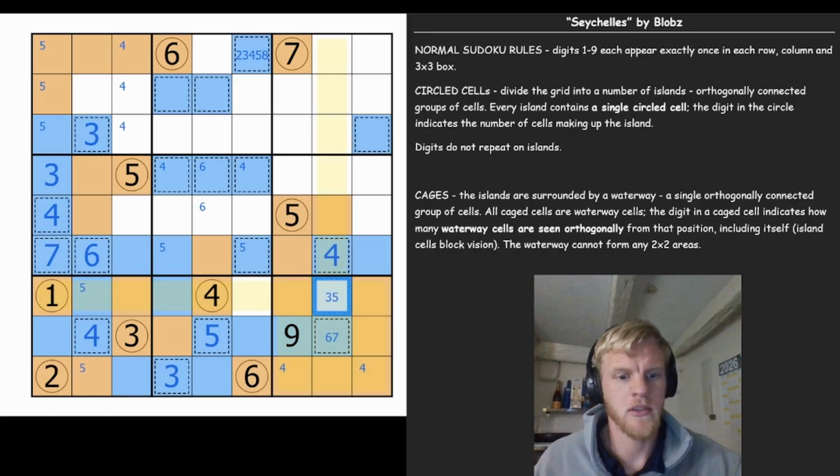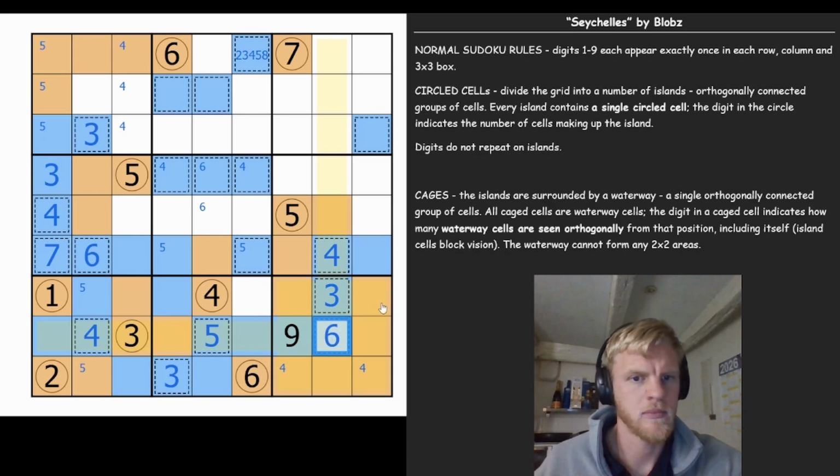So this is a 3, and we know that's 6. Giving us a 6 here. First island cell number. 6 in one of those. 6 cannot repeat on an island. So that's a 6. 6 is in here.